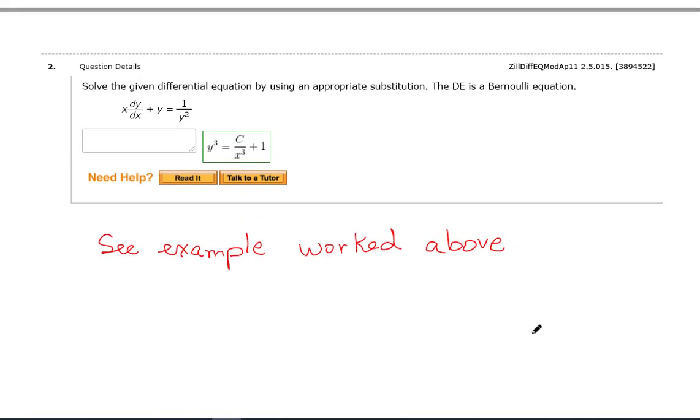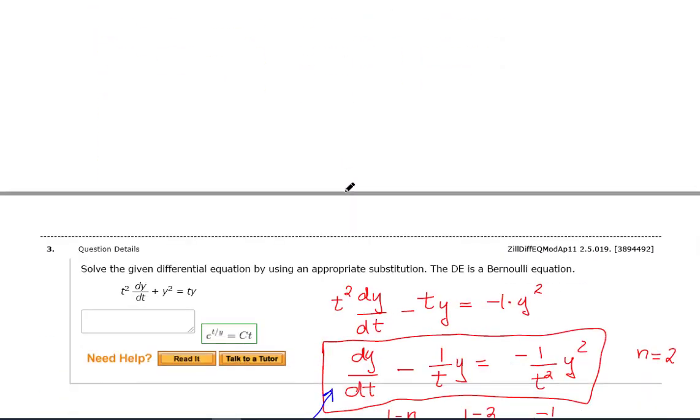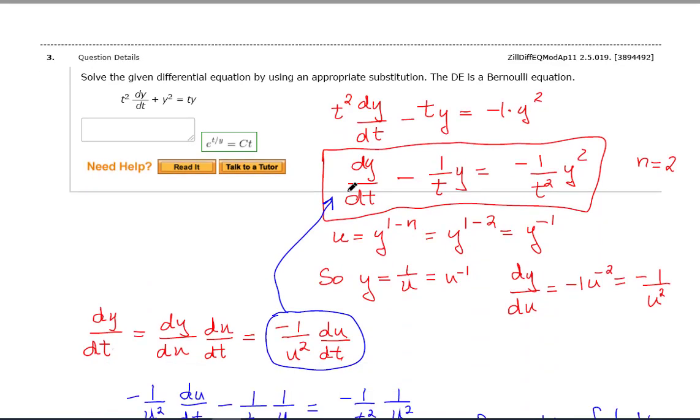All right, and question 2 is exactly the Bernoulli problem that we worked above. I didn't see that when I was making the notes. All right, so let's take a look here at question 3, they tell us it's Bernoulli.